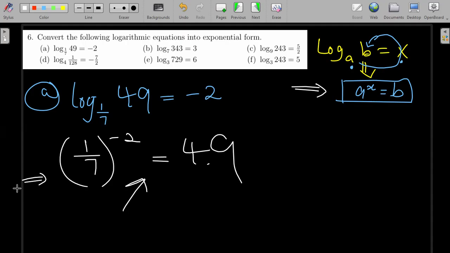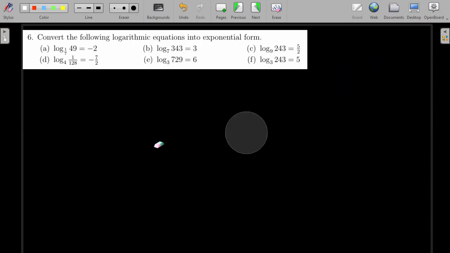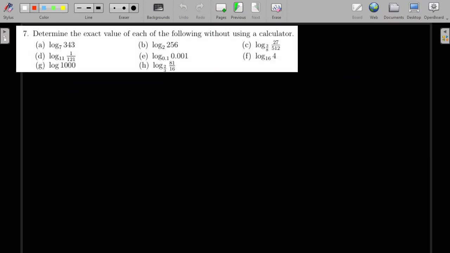All right. So let's look at the other concepts now, okay, where we are using some properties of logs. Okay, because these ones, I'm very sure you can convert this one because we are just converting from one form to the other. So now let's look at these questions here where we are solving them without using a calculator, but we are solving.